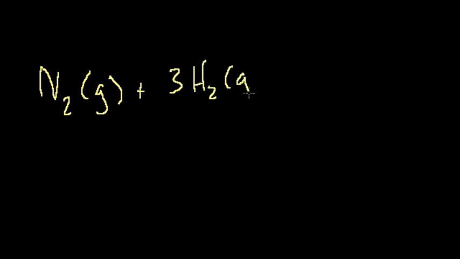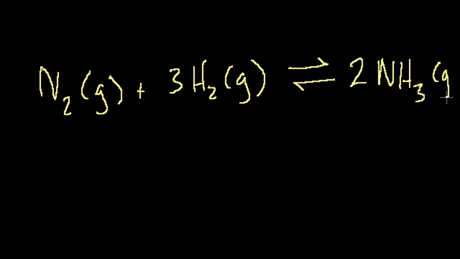Now imagine that we mentioned the Haber process before, and this is the reaction for the Haber process. Nitrogen gas plus 3 moles of hydrogen gas in equilibrium with 2 moles of ammonia gas. Now, what's going to happen if I apply pressure to this system?